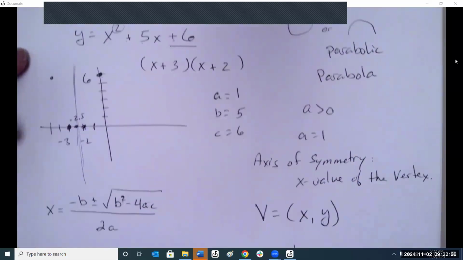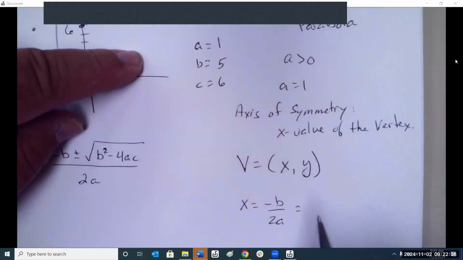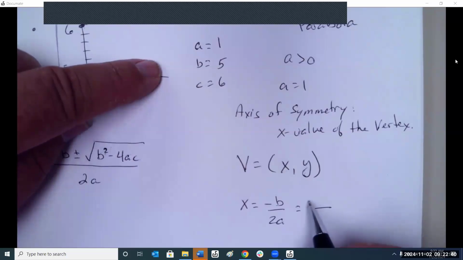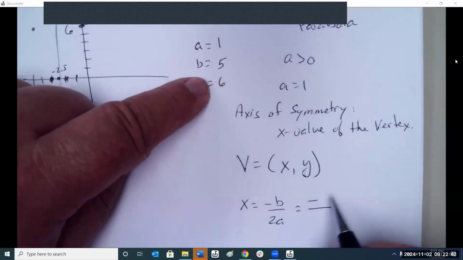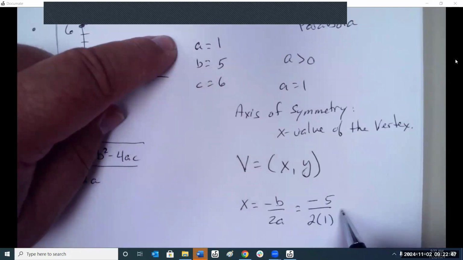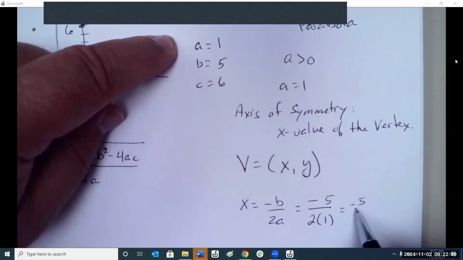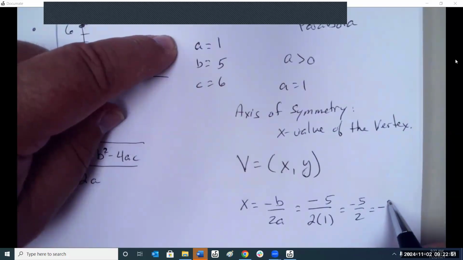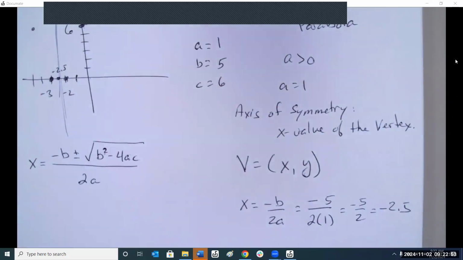So let's look at this. Let's plug these values into this equation. So we have B is 5, A is 1. So we have -5 over 2, which is -2.5.